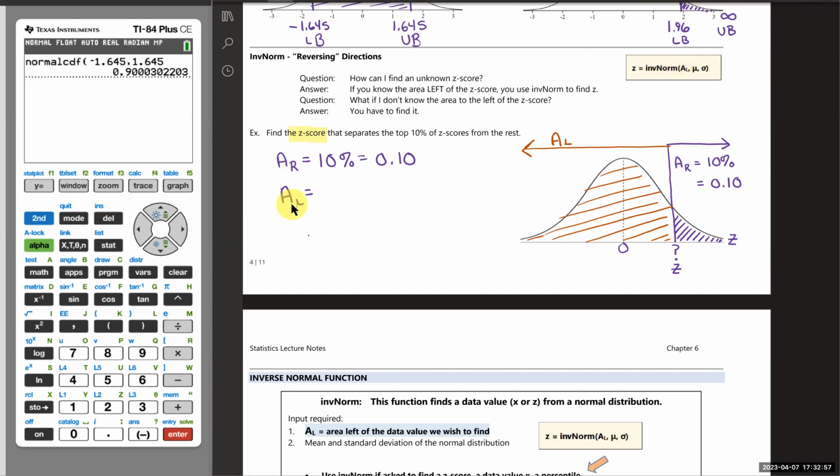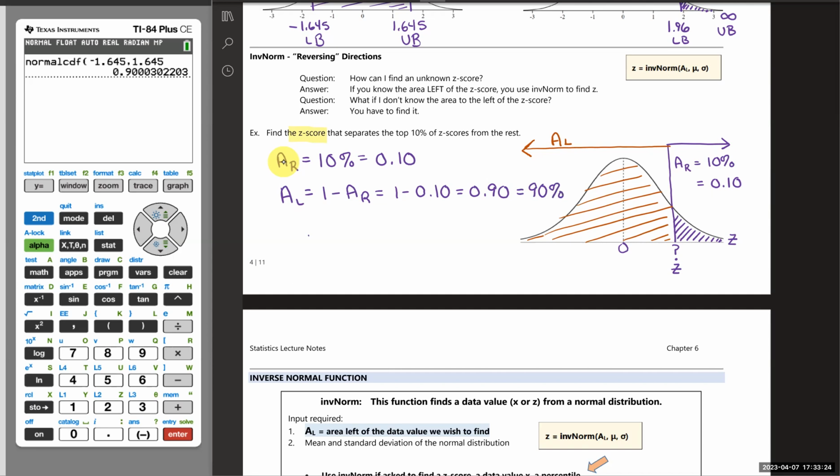So the area to the left and the area to the right add up to 1, so they're complements. The rule of complements says the area left is 1 minus the area to the right of that z-score. So in decimal, if we take 1 and subtract 0.10, that will leave us with 0.90. We probably could have done this in our heads in percent version.